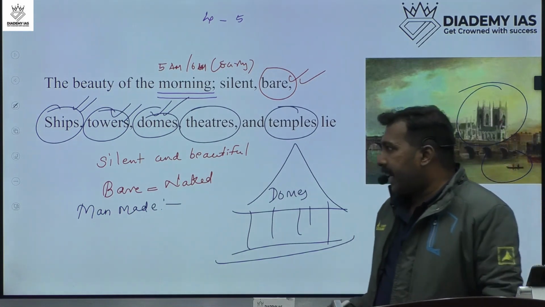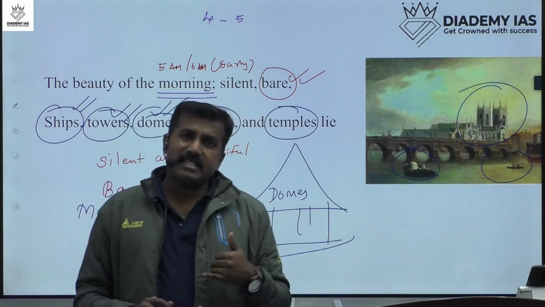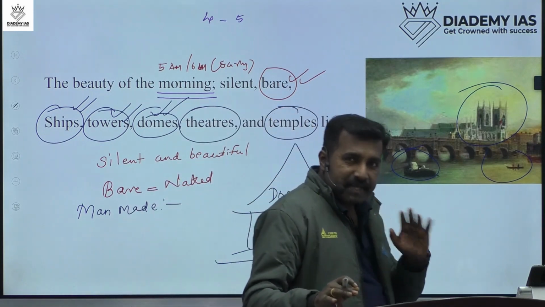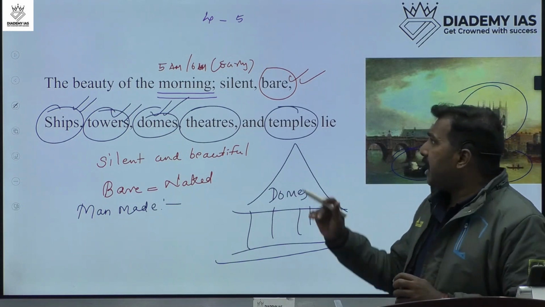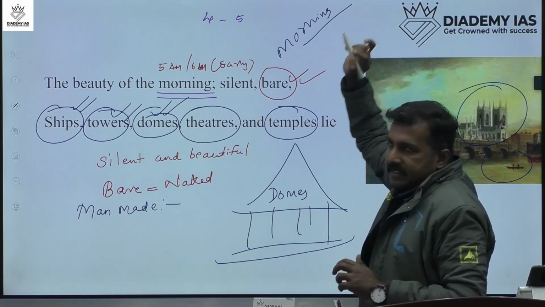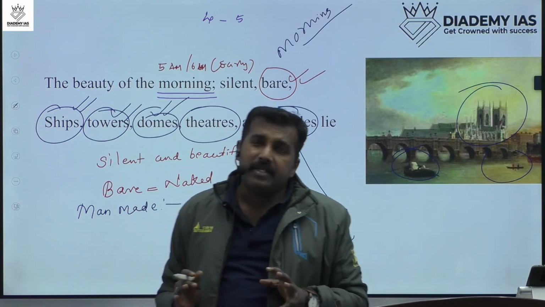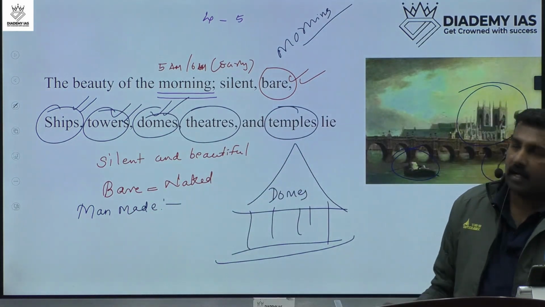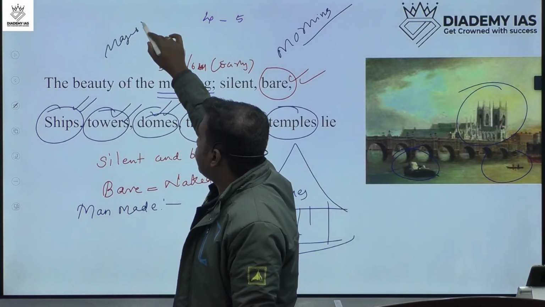At the same time, these buildings, domes, and ships are all outstanding. That means the time is morning, because the city is silent. It's a beautiful morning time. And all the things in this morning are very beautiful, and the poet says it's majestic also.